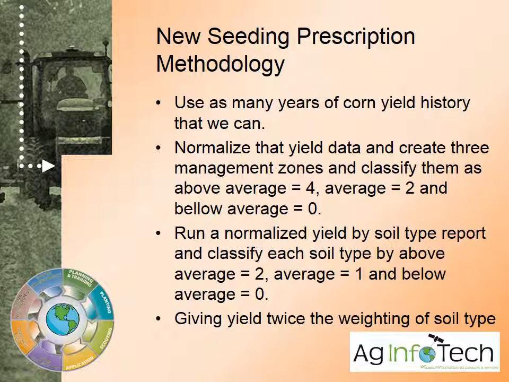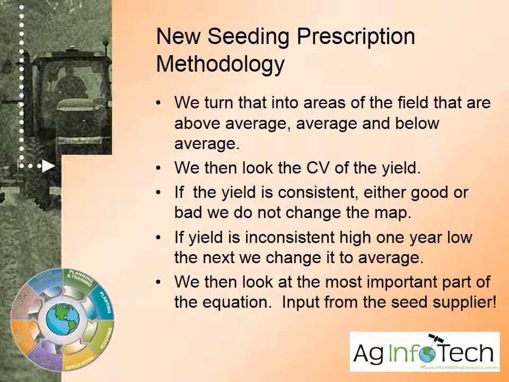We run a normalized yield by soil type report, and we classify each soil type: above average, we give that soil type a 2, average we give it a 1, and below average we give it a 0. We then add those 2 together, and basically we end up with a weighting that gives yield twice the weighting of that of soil type.